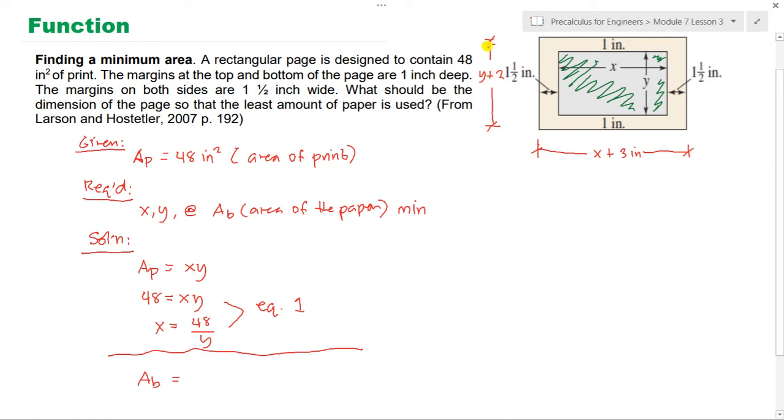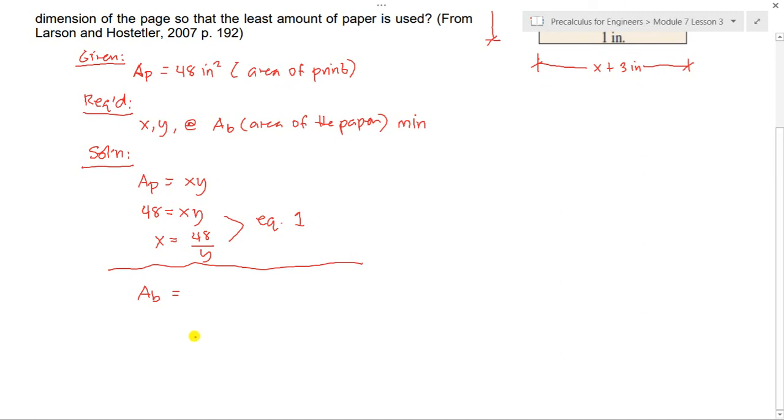So therefore mo na ato ang formula sa atong area sa paper. So therefore that is y plus 2 multiplied by x plus 3. This is our equation 2. Since naman tayo value sa x in terms of y, so ato na siya i-plug in directly sa equation 2.